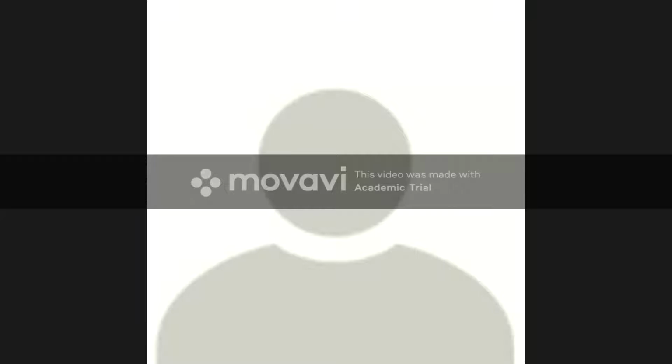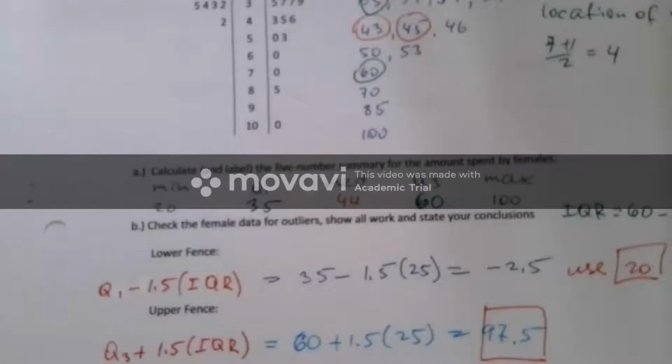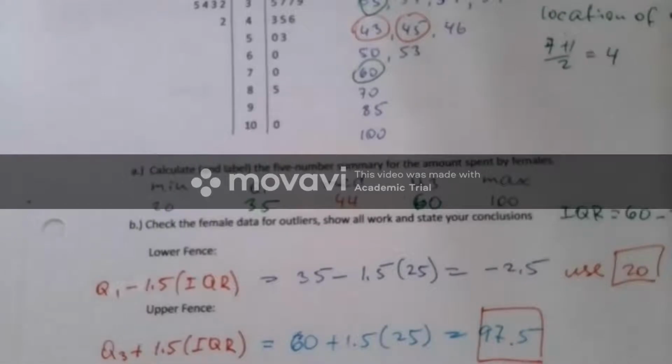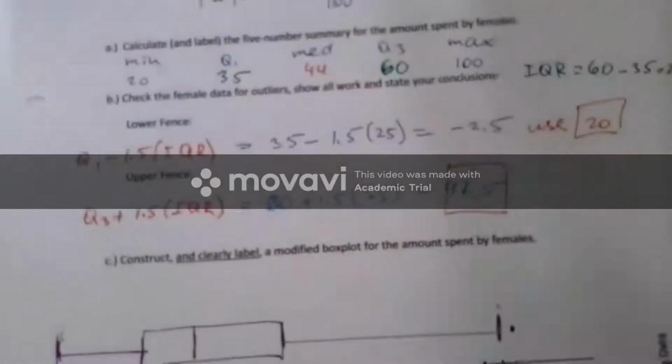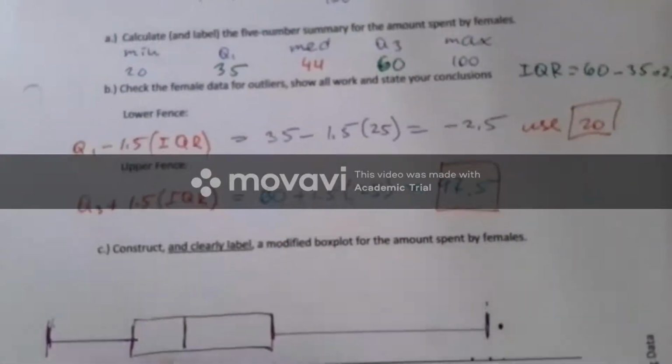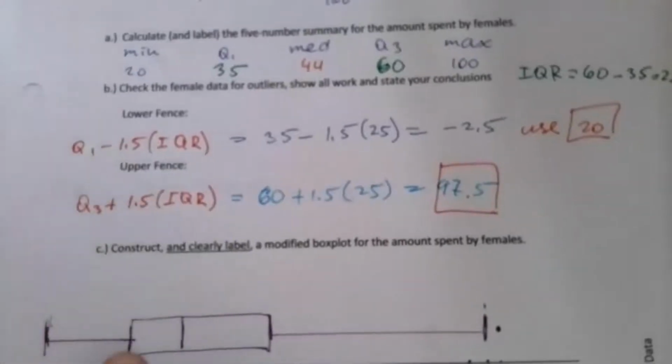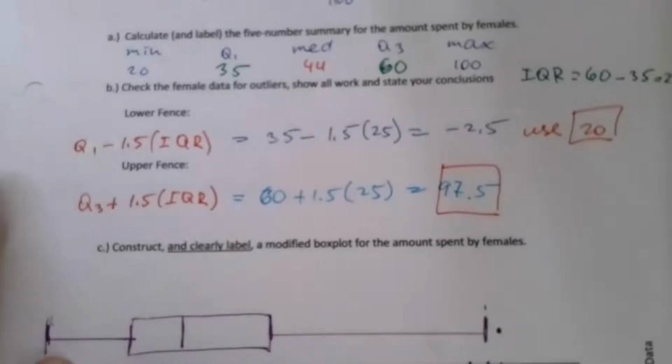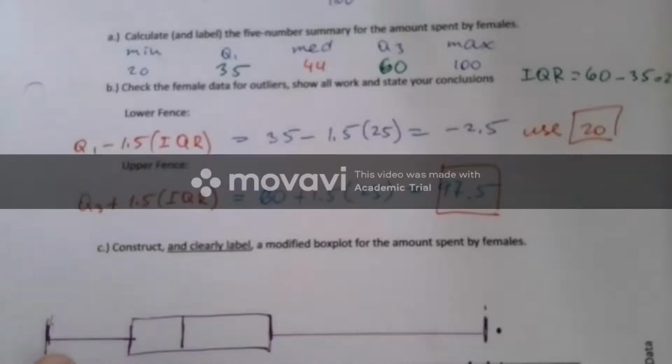I have a question. When you do the Q1 formula, and it turns out negative and you don't have a negative on your list, do you automatically use the minimum number? Yeah, but it's not because it's negative and I don't have negatives. You see, what matters is whether your minimum is within the fence or beyond the fence. It didn't have to be negative.